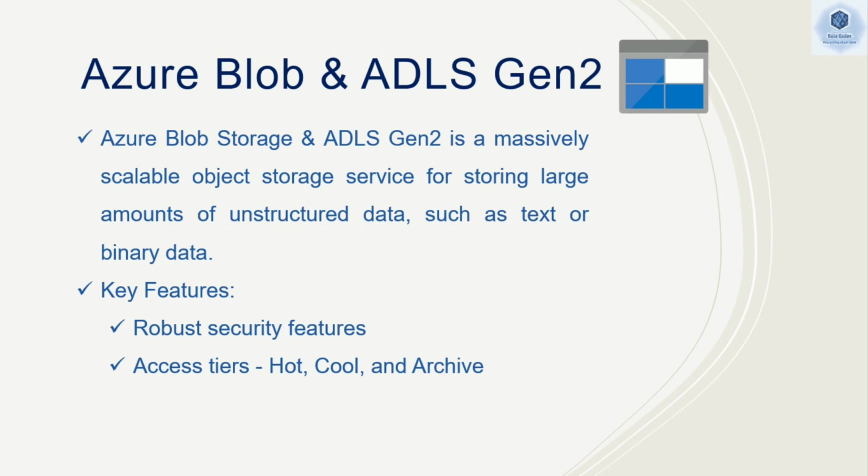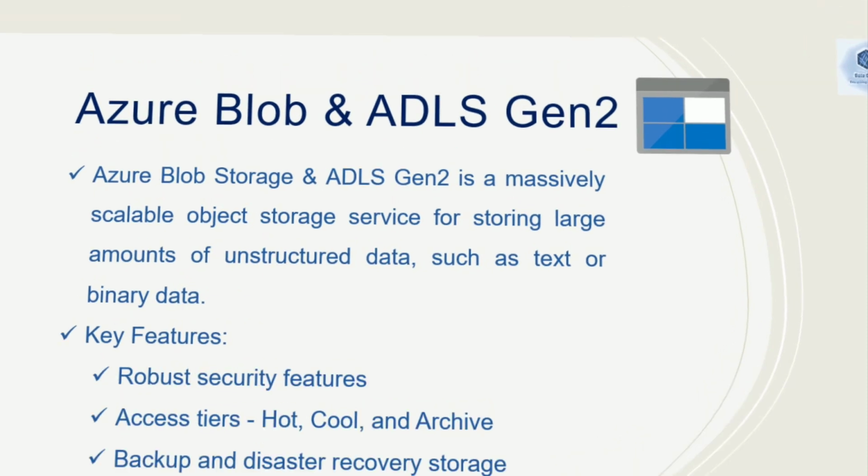The main difference is that in ADLS Gen 2 you can store your files in a hierarchical format. You can configure access tiers based on your business needs and enable backup recovery policies for your storage accounts. With the help of these storage accounts, we are going to perform the copy data tool demonstration today.